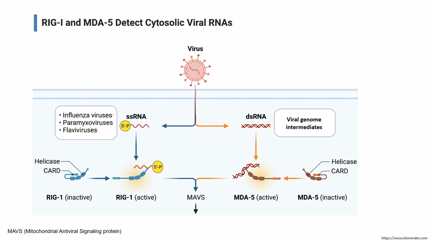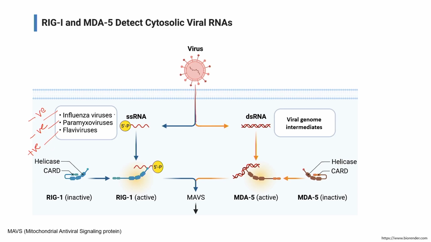The examples are influenza viruses, paramyxoviruses, and flaviviruses. Flaviviruses are such as dengue, Japanese encephalitis viruses, which are carrying RNA. So the difference here is influenza is a negative sense RNA carrying virus. Paramyxoviruses are also negative sense RNA carrying viruses, while flavi is a positive sense RNA virus.